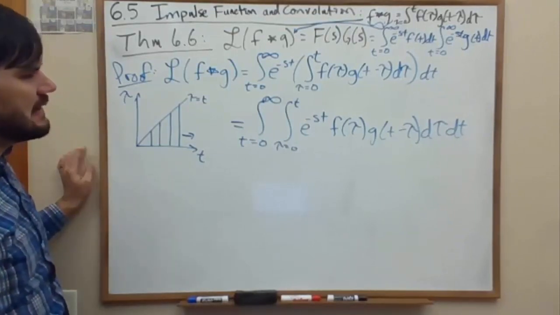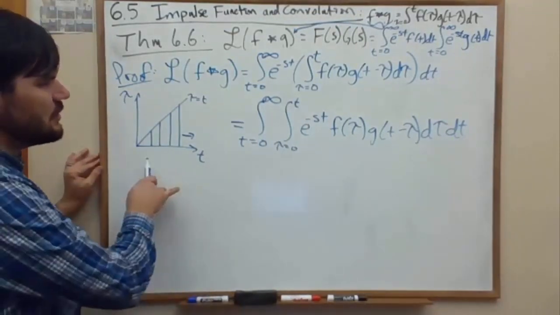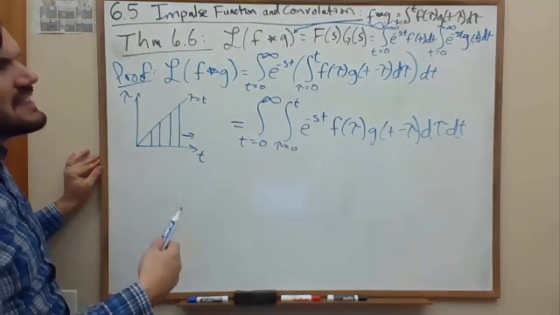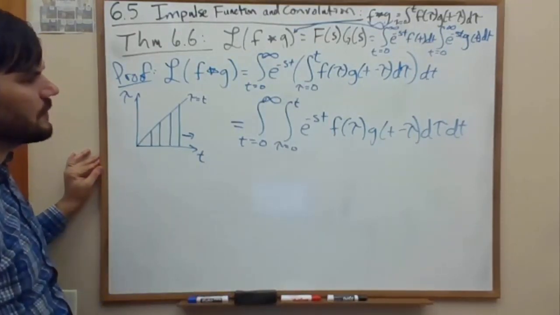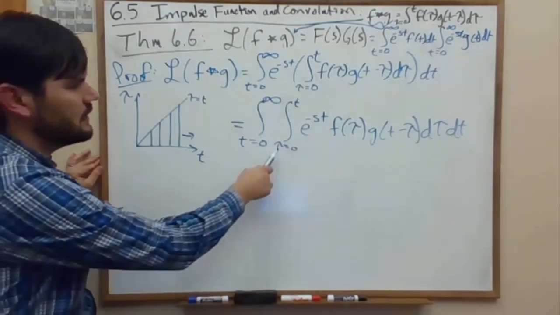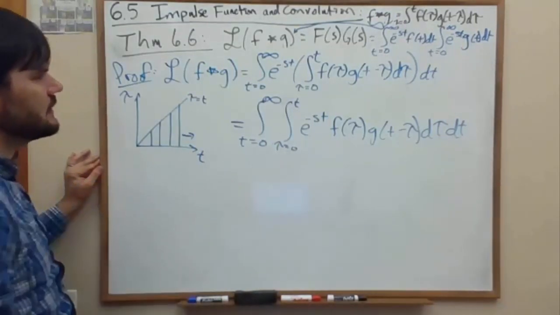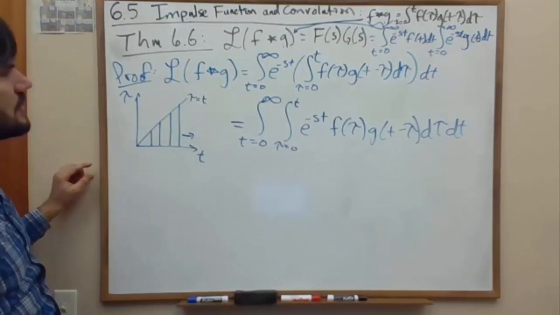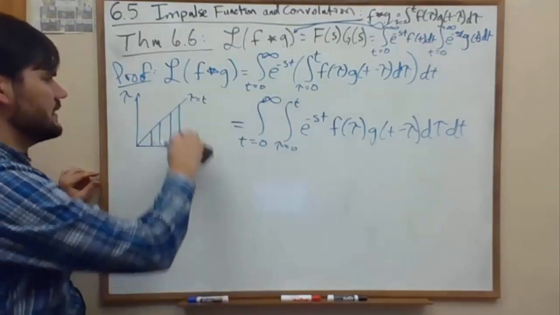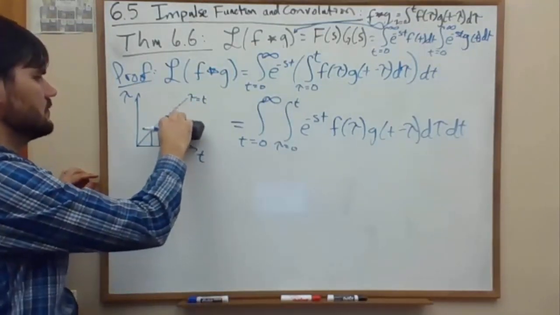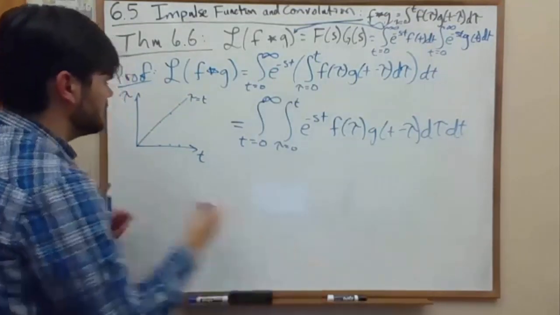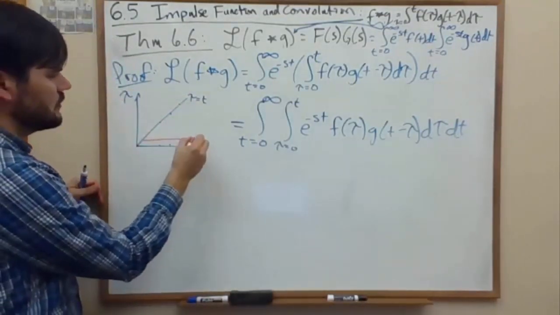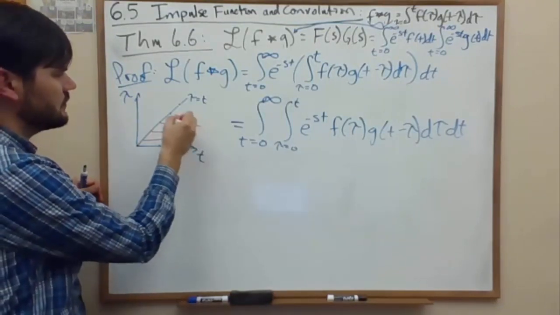So we see that t is going to infinity. We want tau or some other variable to go to infinity as well. So we can rewrite the integration so that instead of slicing vertically, we could slice horizontally.